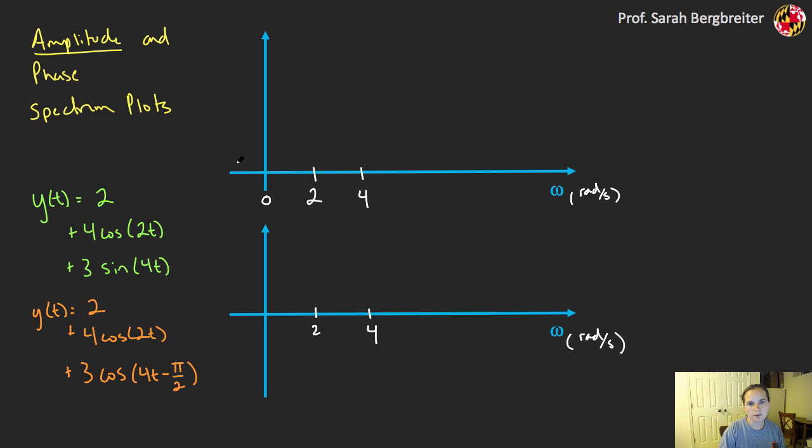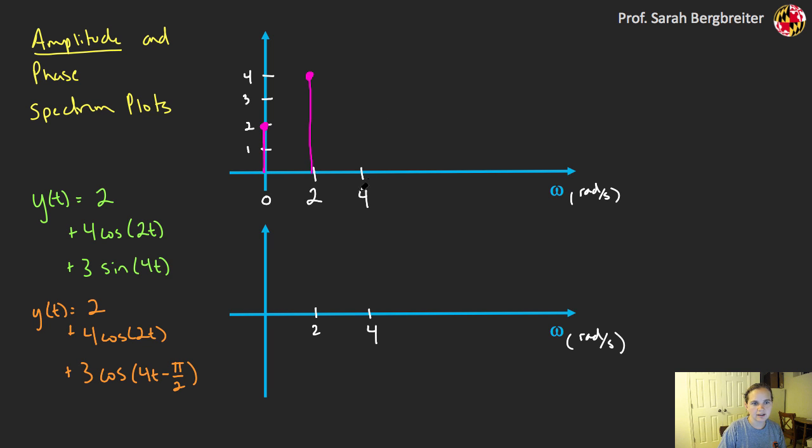All right, and now I'm going to plot my amplitudes on the amplitude spectrum plot. Okay, so at DC or 0, I have an amplitude of 2. And so I most often draw these as a little lollipop, kind of a dot on a stick here. At a frequency of 2 radians per second, I have an amplitude of 4, and so I draw this up here like so.